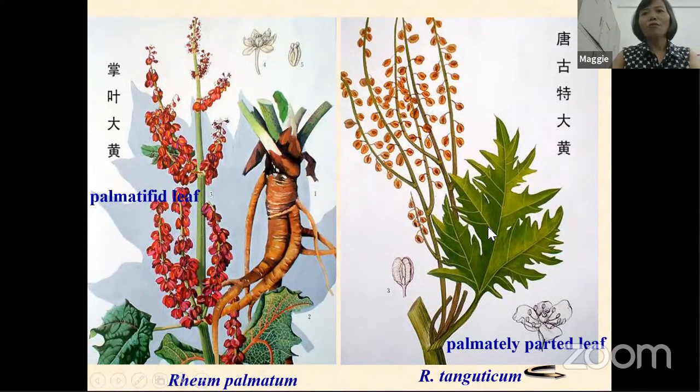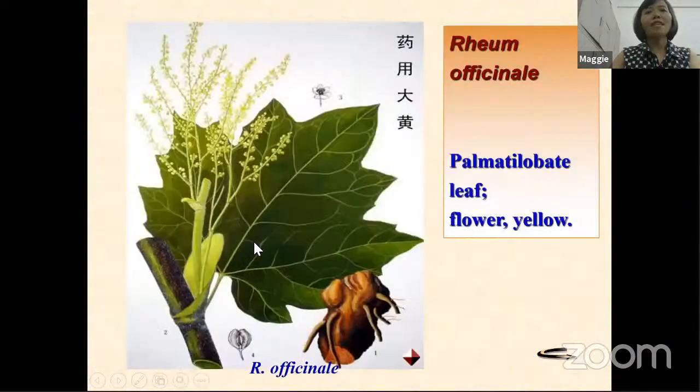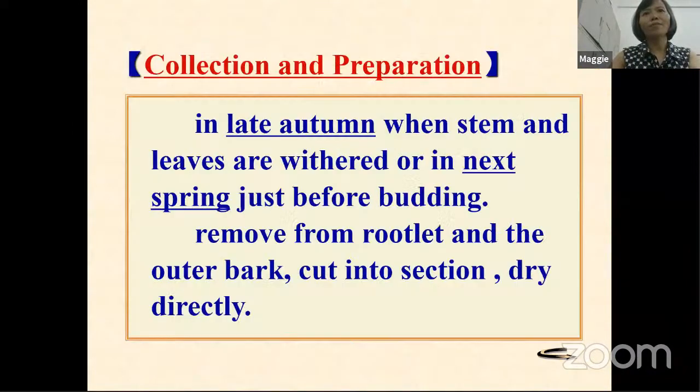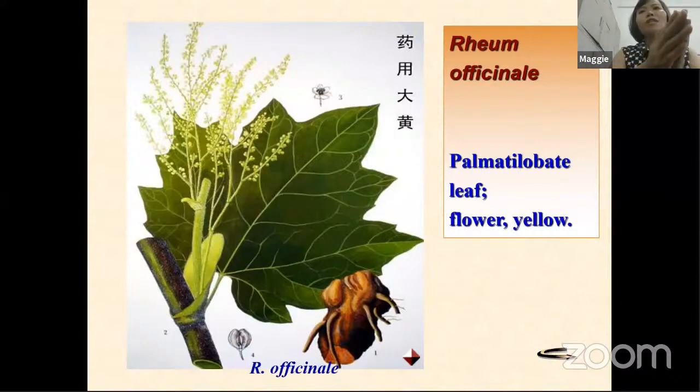The leaf is palmately parted. Rheum officinale, the flower is yellow and the leaf is palmately lobed. So these three species have their respective morphology. The differences are focused on leaves and flowers.